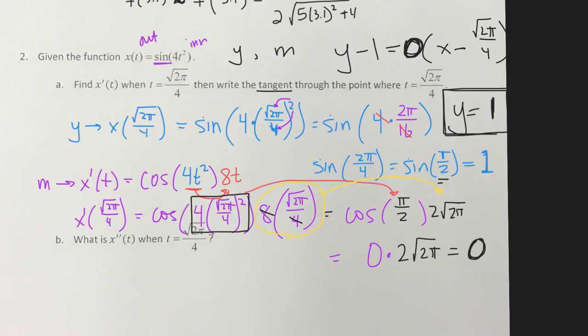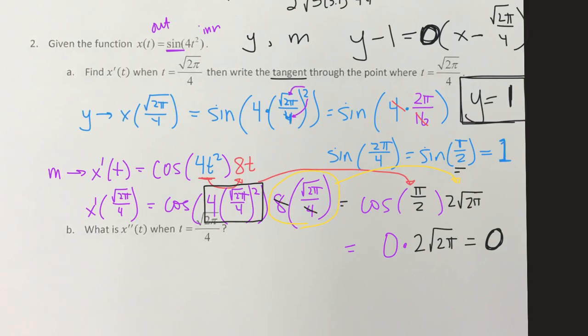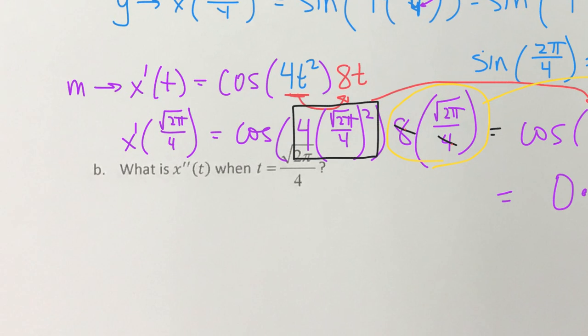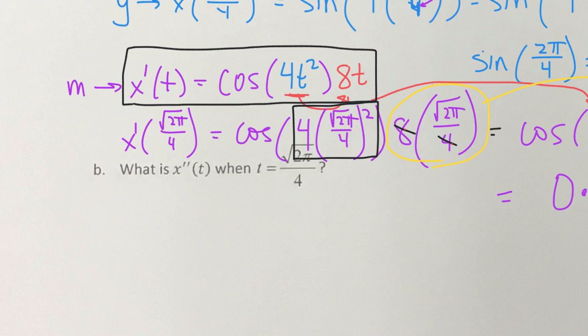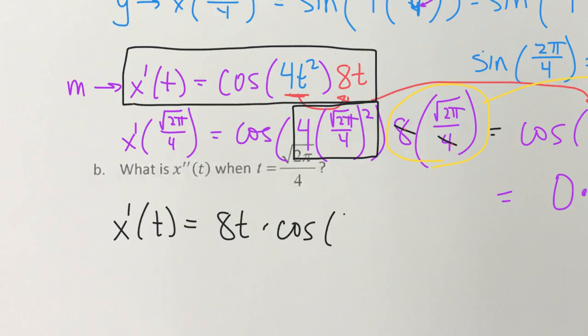Part B says find the second derivative. So we're going to find the derivative of this. This is our first derivative: x prime is 8t times the cosine of 4t squared. That is our first derivative, so it says take the derivative of that.